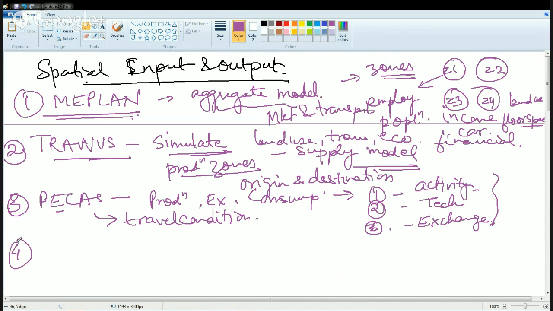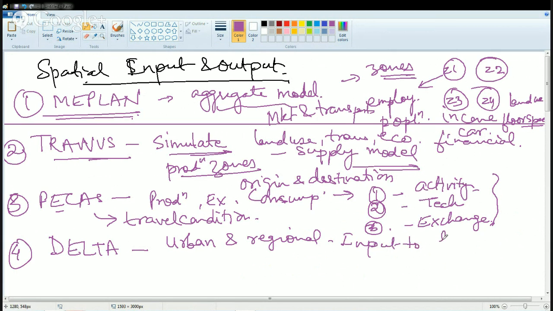The next and the final model we'll be discussing today is the DELTA model. So DELTA model is basically defined for both urban and regional level. It is based on the input to land use model. So under DELTA model, what we are trying to explain is the demography and the employment exchange.